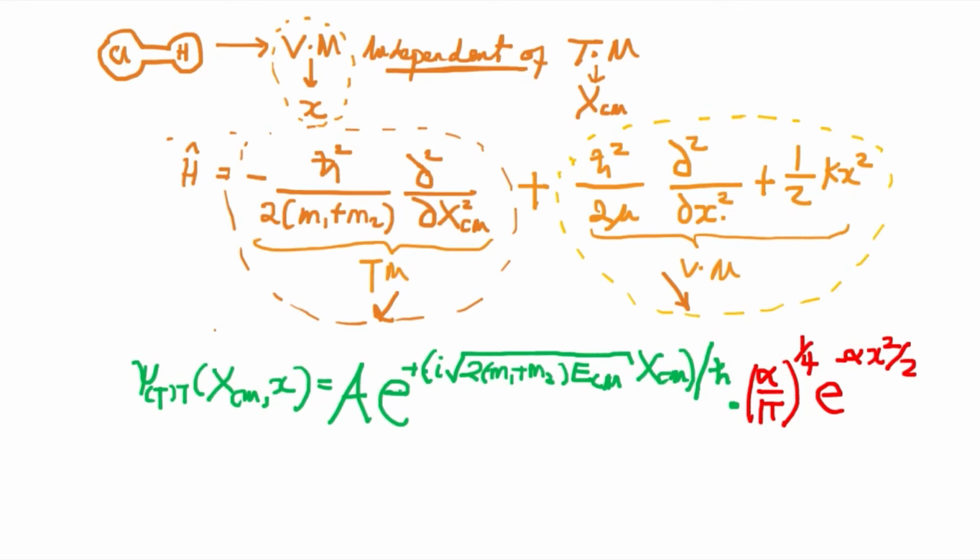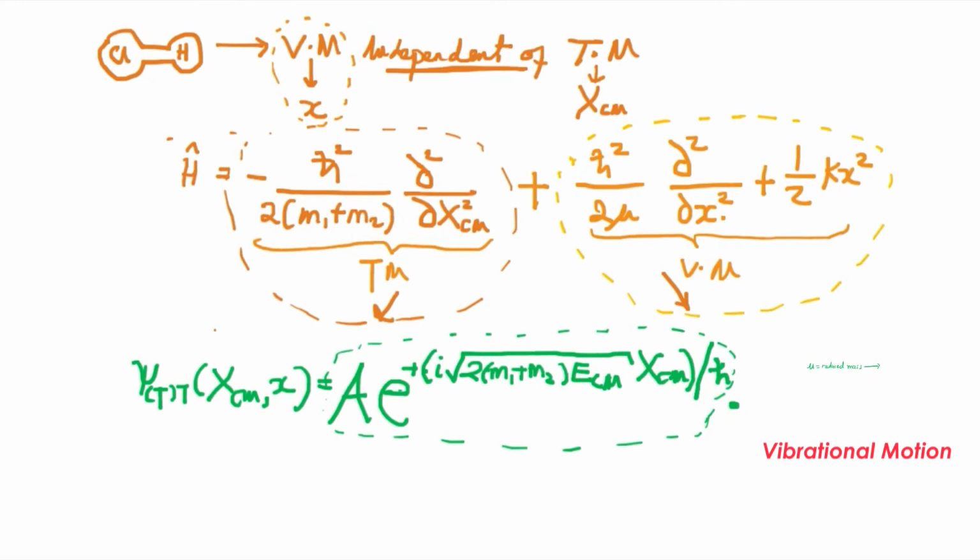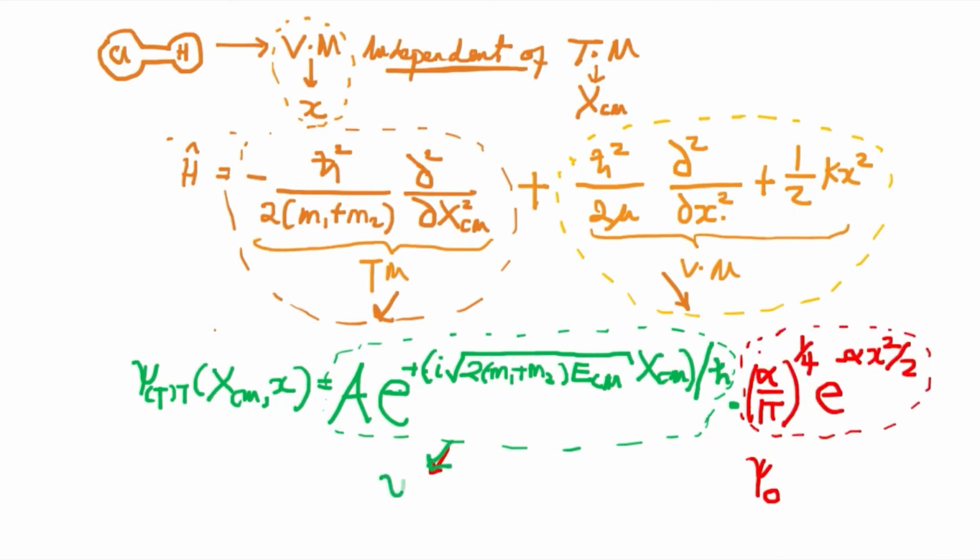Take note that this particular part, the green here, is a free particle ground state in terms of the translational motion, while the red part here is a harmonic oscillator, where we're looking at the ground state in this case, where our wave function here is 0, while on this side the green wave function is plus or minus, because we're looking at the translational motion.